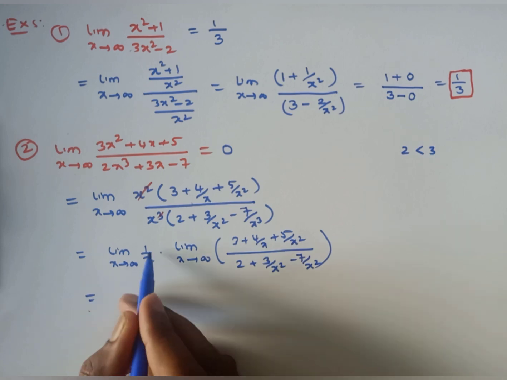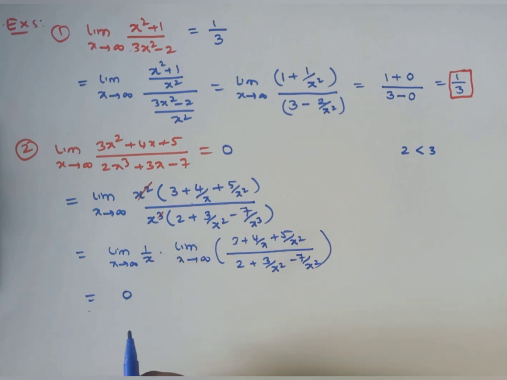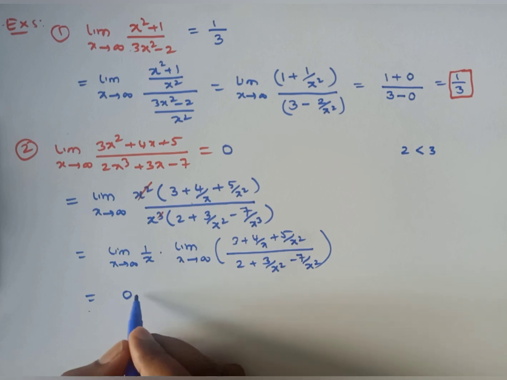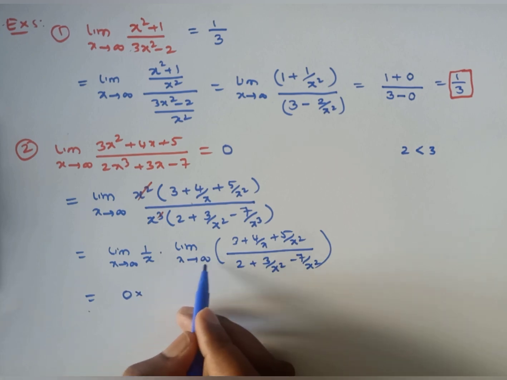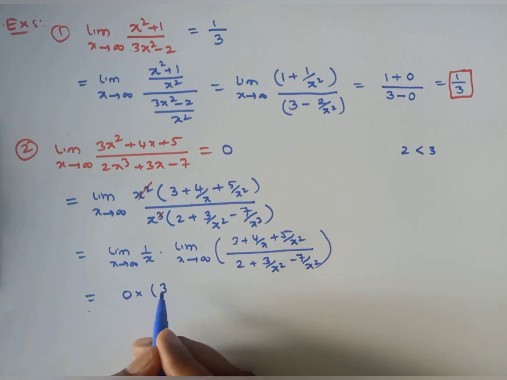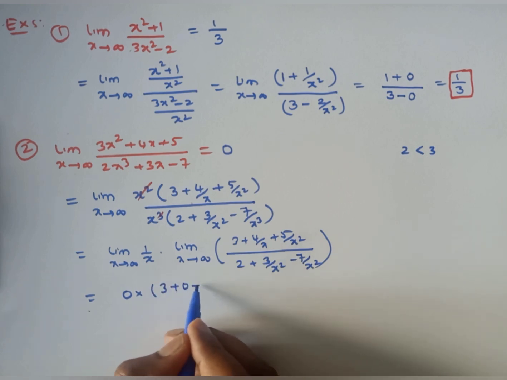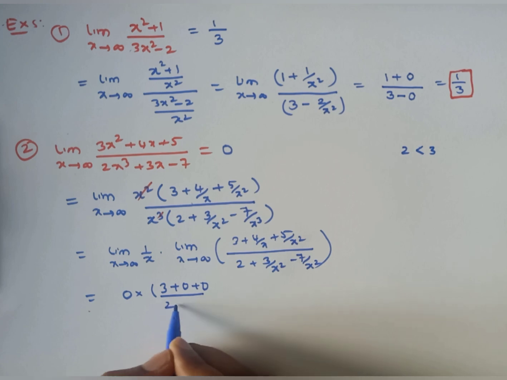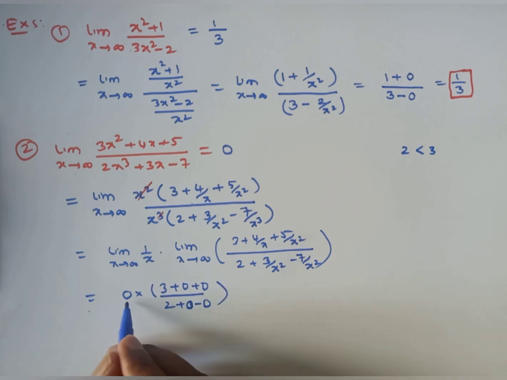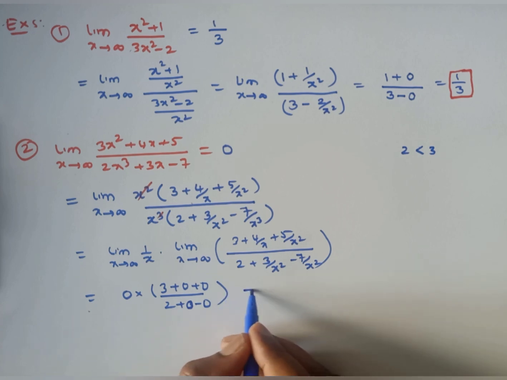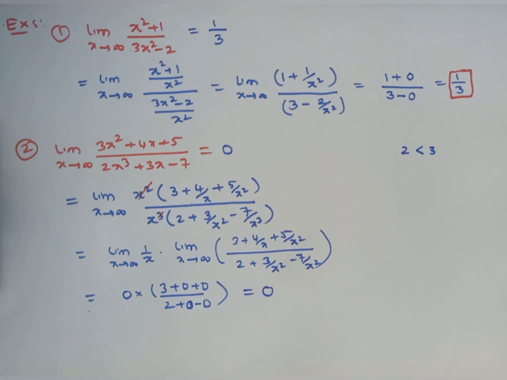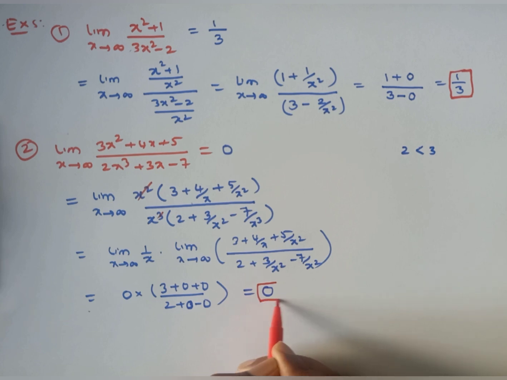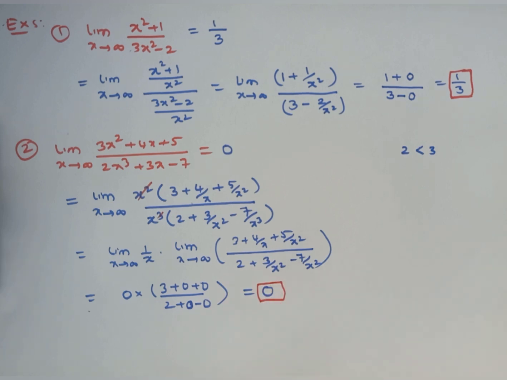As x goes to infinity, 1/x is 0. We must know this, as we already discussed at the start. So 0 times (3 plus 0) divided by (2 plus 0 minus 0), which means 0 times 3/2, which is 0. So the direct answer, or the procedure, gives the same answer.